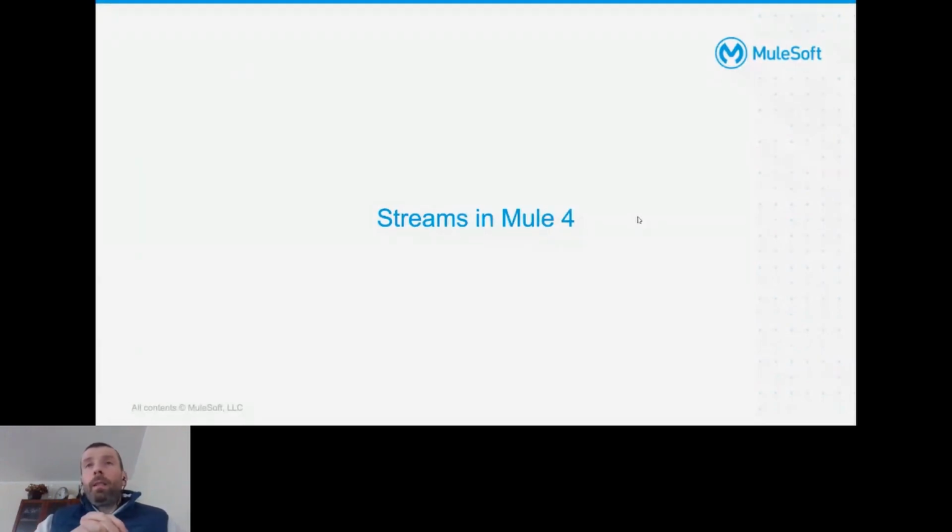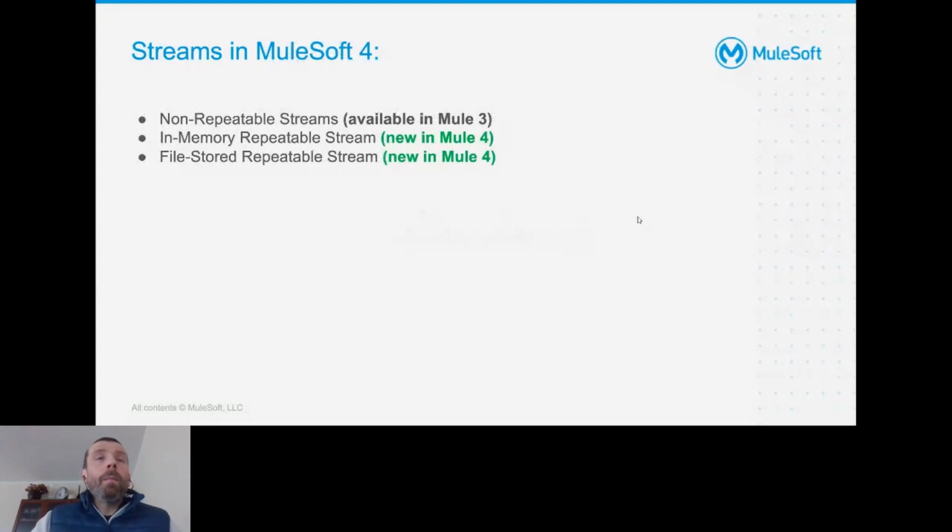How does the support in Mule 4 look like for streams? Basically, in MuleSoft 4, we have 3 different types of streams. One of them, which is called the non-repeatable stream, was available also in the previous version of MuleSoft.